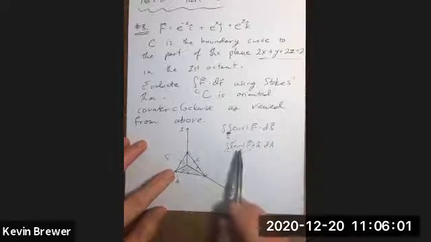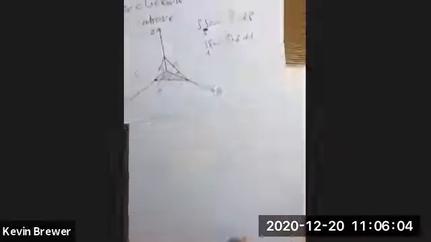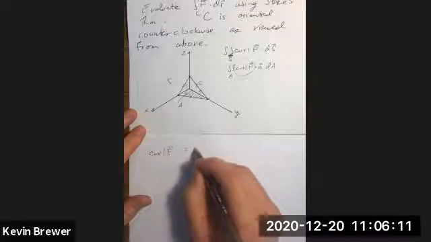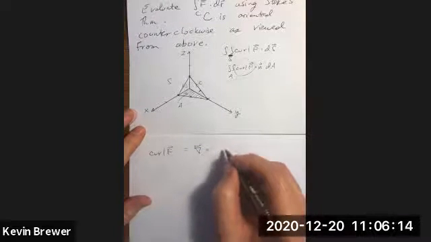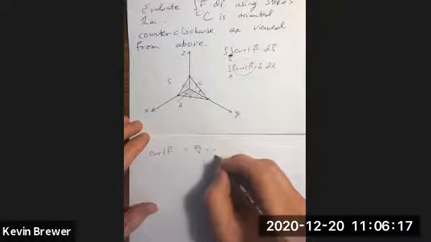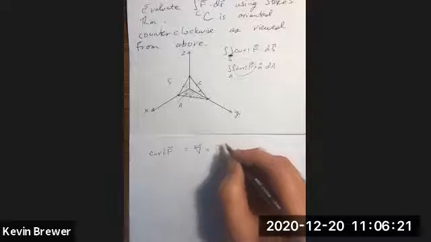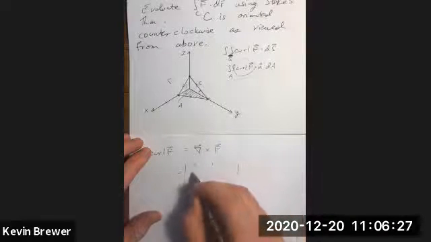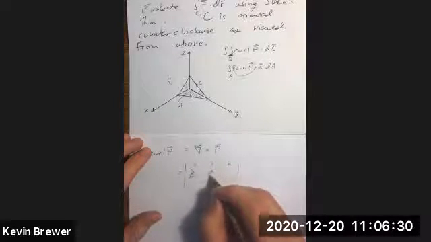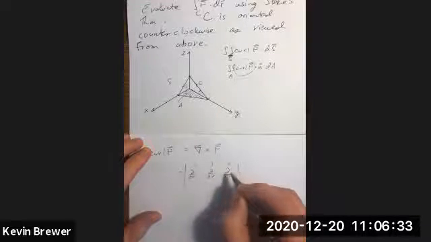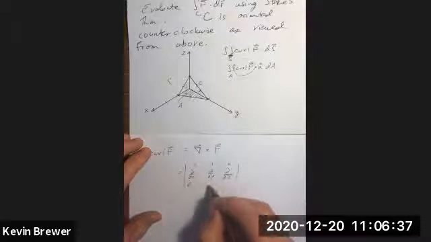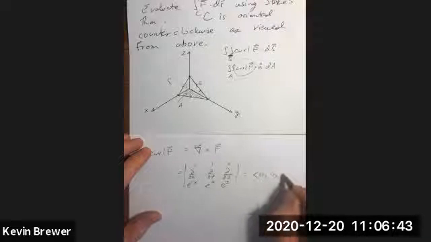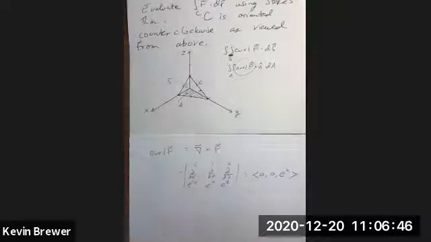So we're just going to directly evaluate this double integral here, and curl of F is del cross F. I will let you verify that that's 0, 0, e to the x.